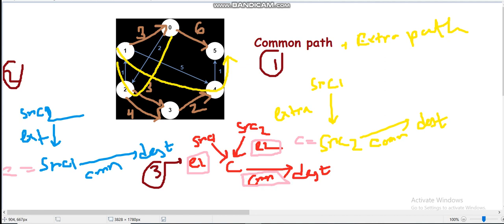So we have to find these three minimum distances, and if we add them up, we get our desired answer.